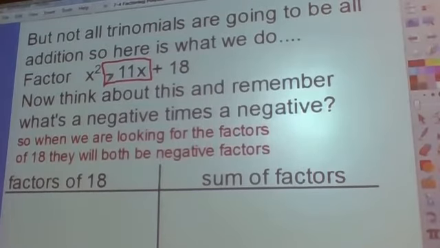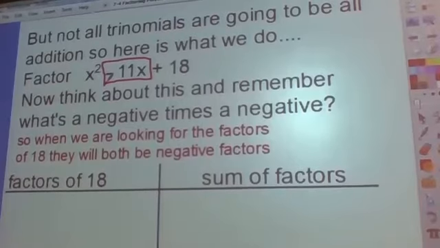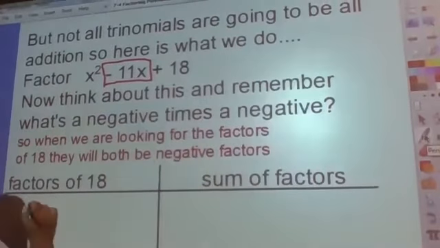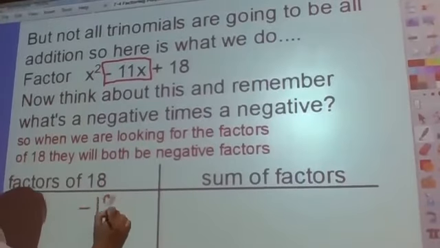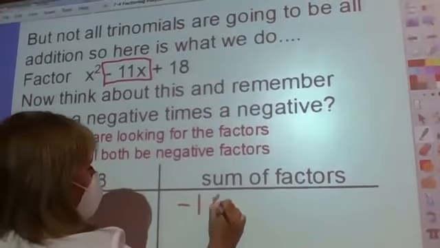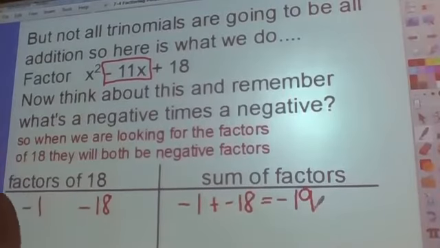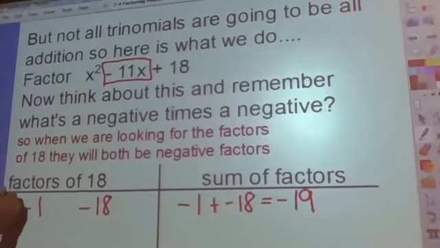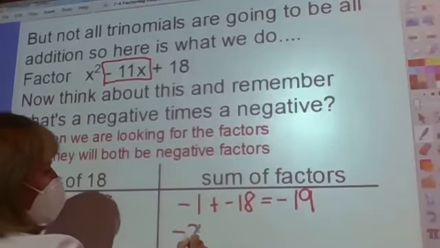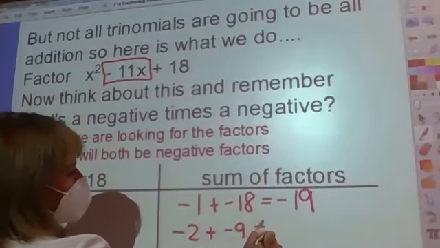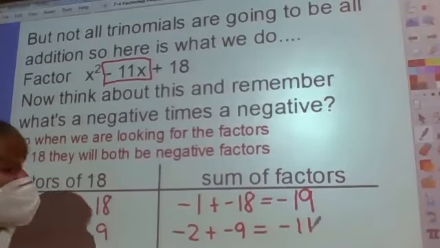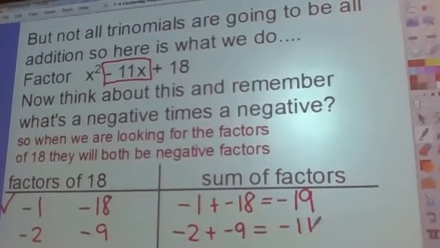Okay? So here we go. Factors of 18. Negative 1 times negative 18. Well, what's negative 1 plus negative 18? Negative 19. Doesn't work. So negative 2 times negative 9. Well, what's negative 2 plus negative 9? Oh, winner, winner, chicken dinner.